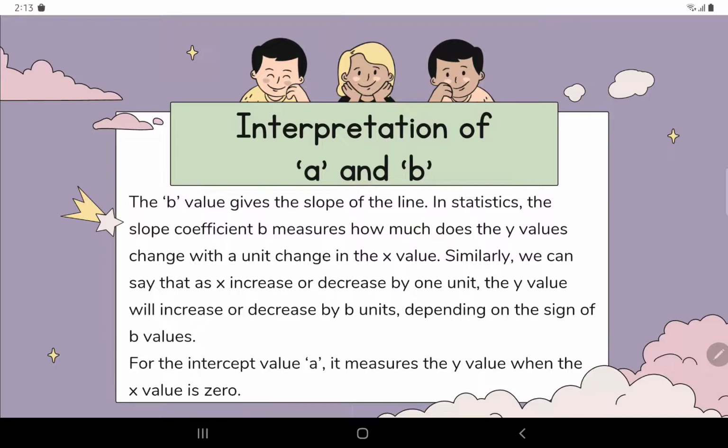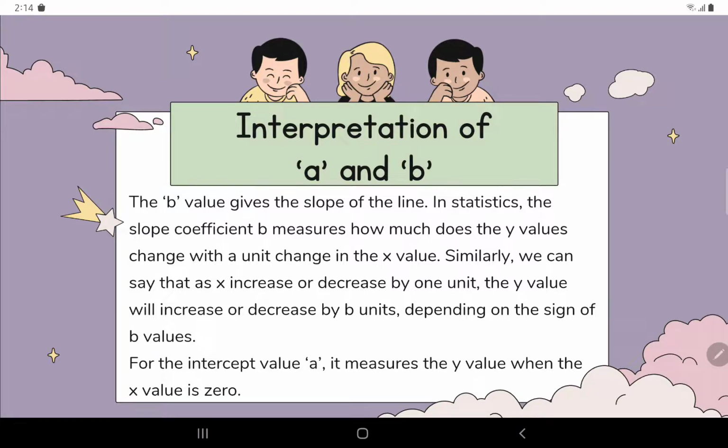So what are actually a and b? As I mentioned before, the value of b is the slope of the line. In statistics, the slope coefficient b measures how much the y values change with a unit change in the x value. Similarly, we can say that if x is increased or decreased by 1 unit, the y value will increase or decrease by b units, depending on the sign of the b value.